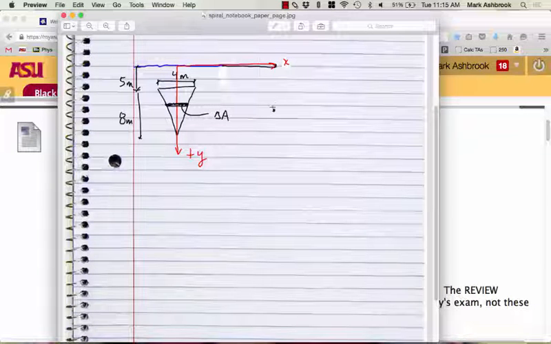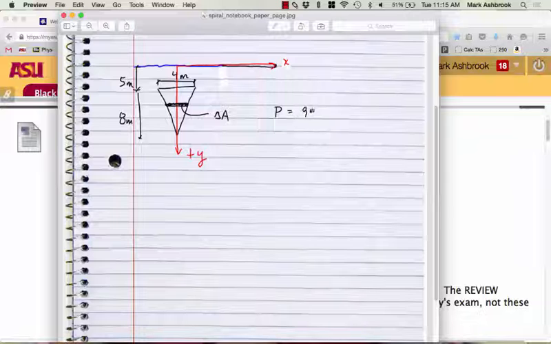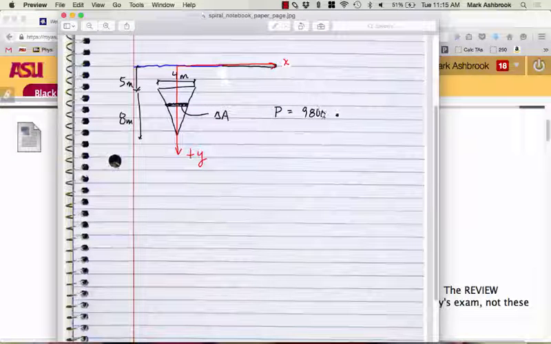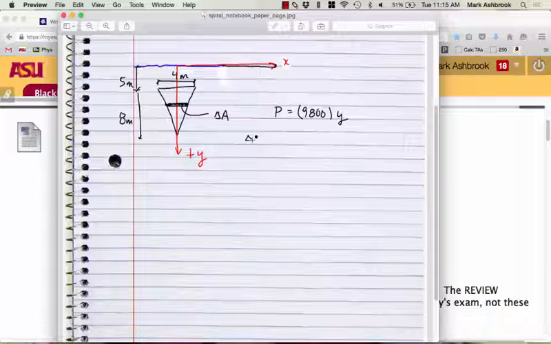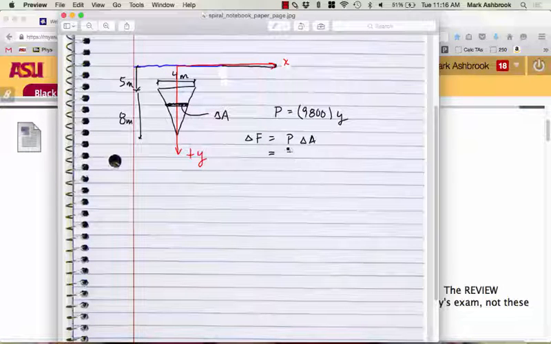And the pressure is going to be, what do we say, weight density, 9.8 times 1,000, times the depth, which will be y, right? And then a little bit of force is going to be our pressure times a little bit of area. So what's the pressure? The pressure is our 9,800 y.